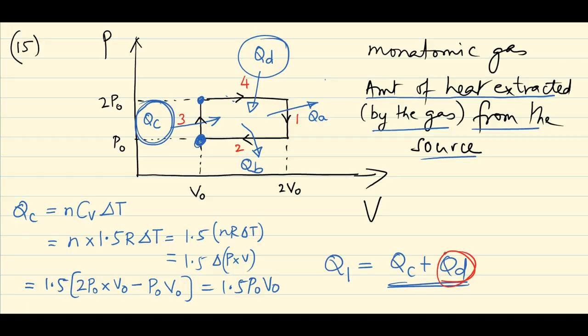Now we find QD. QD can be found by several methods. For example, you can apply the first law of thermodynamics and evaluate QD by first finding the work done during process 4 by the area underneath that particular line, and you also find delta E internal by a process similar to how we found delta E internal for process number 3, because in process number 3 QC was nothing but delta E internal.